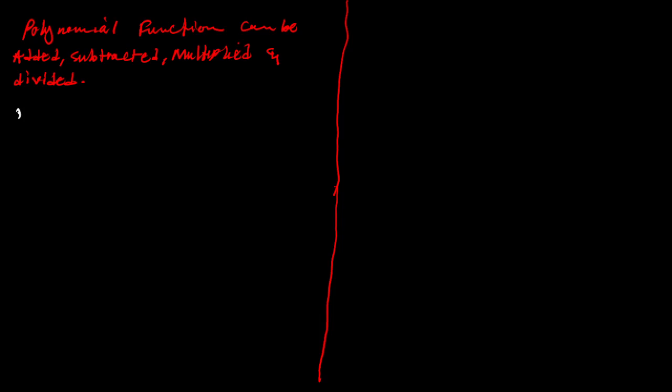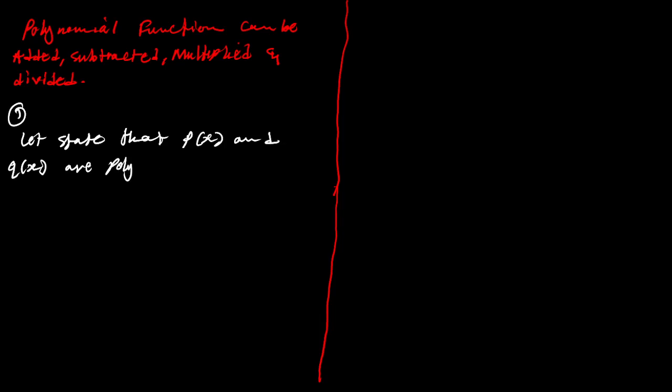So the first one is whereby I'll look at, let's say we have two polynomials. The first one can be p of x, and we can also have q of x. So let's state that p of x and q of x are polynomials.